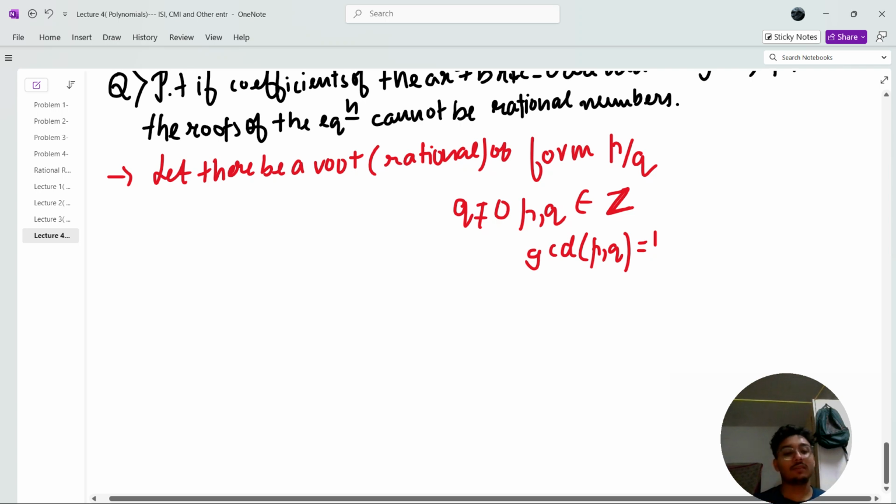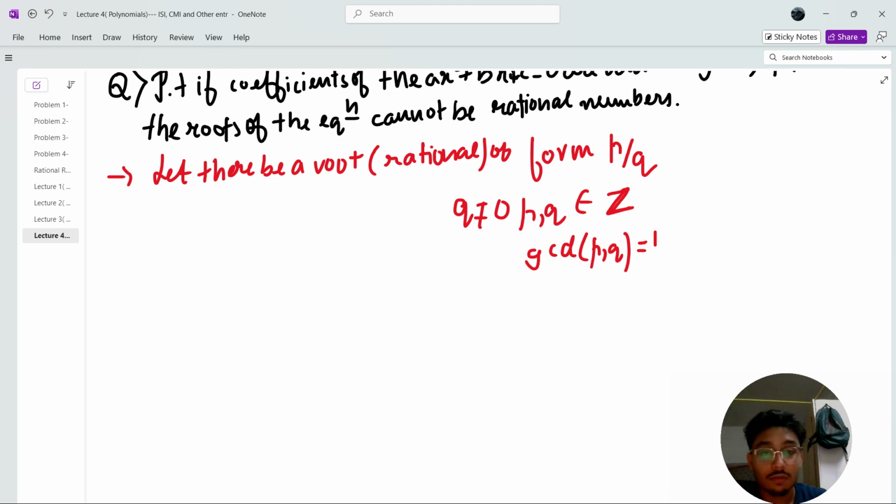Naturally, since it is a root, I can put it in the equation to satisfy it. So A into P by Q whole square plus B into P by Q plus C gives me 0.